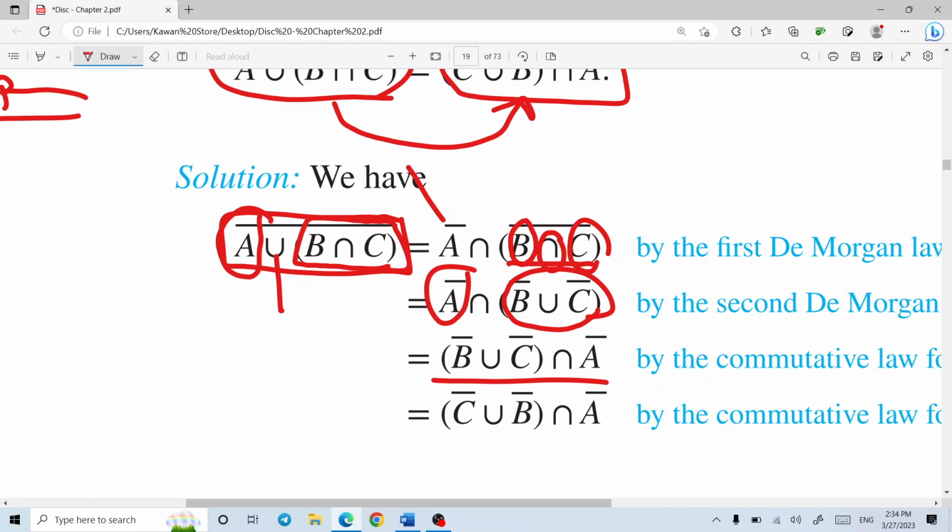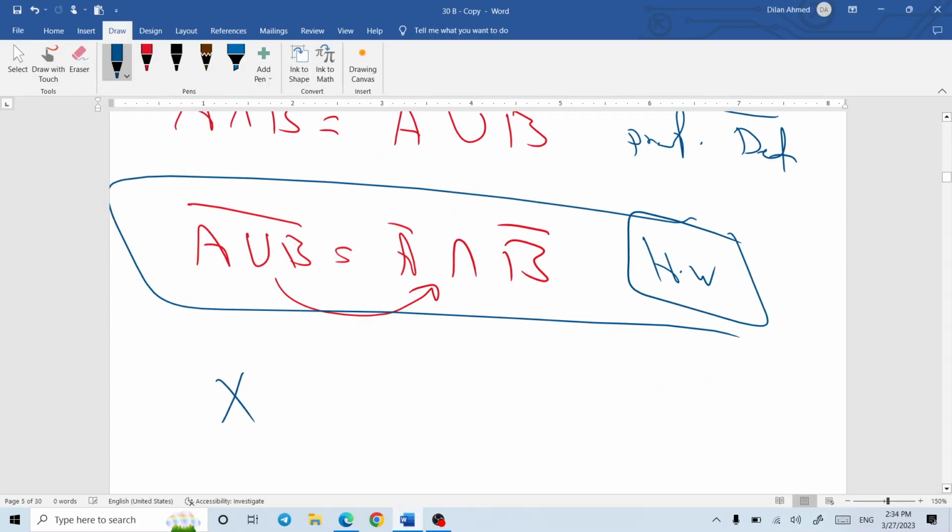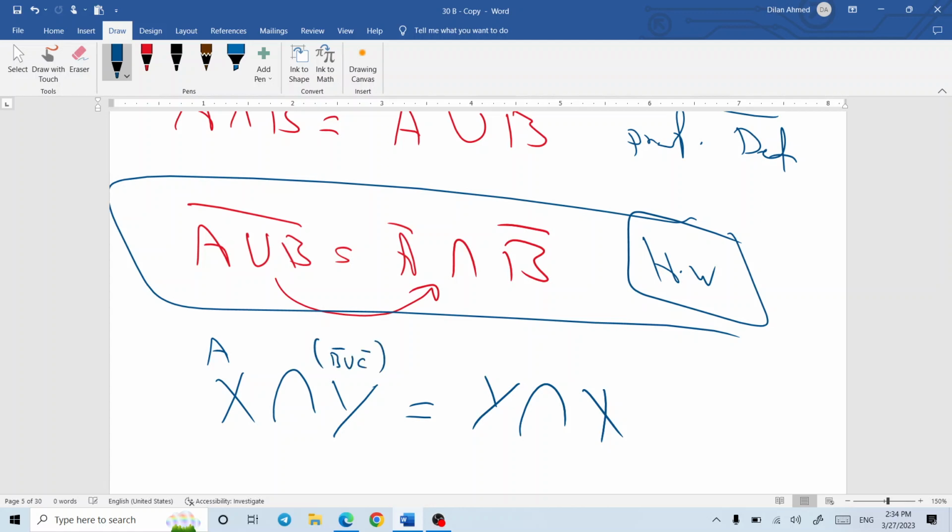Okay, in general X intersection Y equals Y intersection X. Am I right? My X here is A, my Y here is B union C complement. So there's no difference, I'm going to swap them.